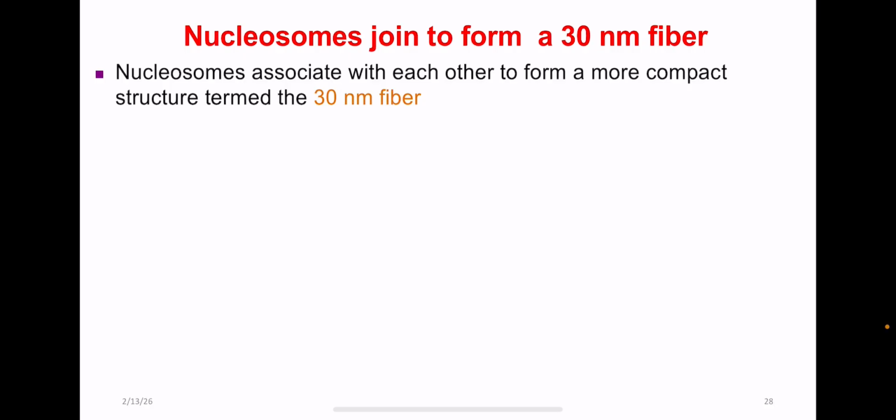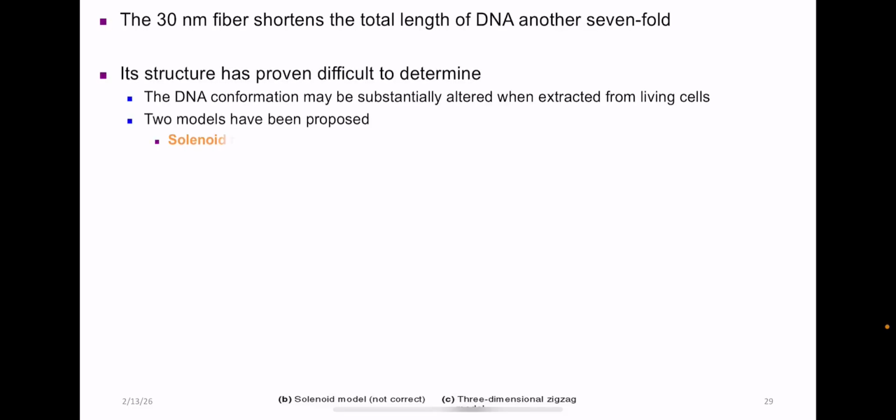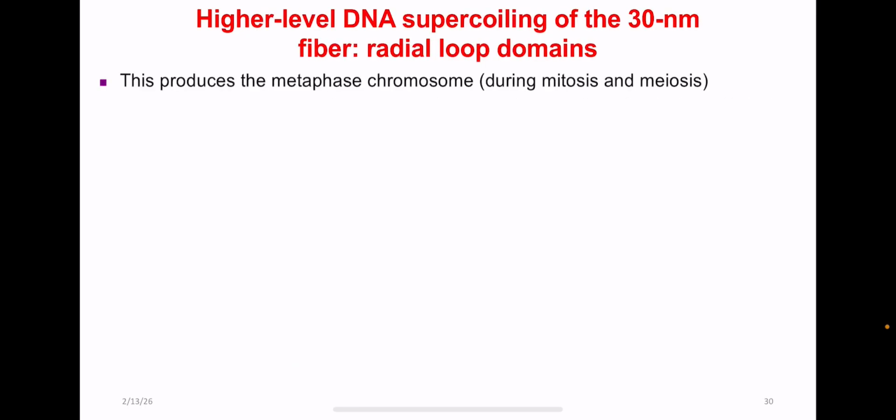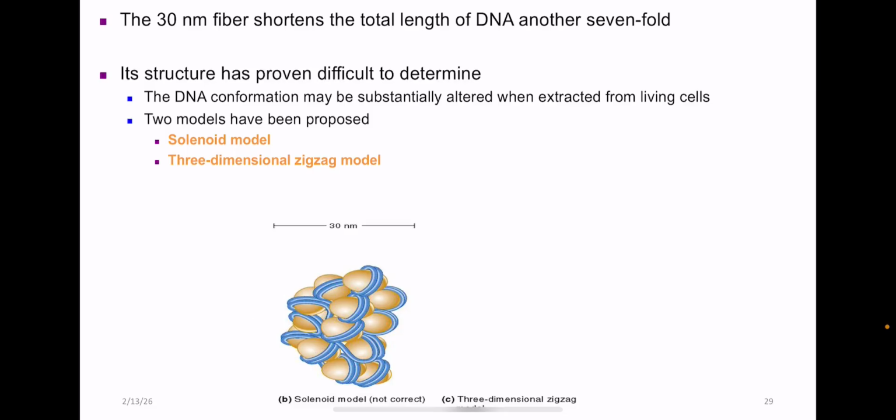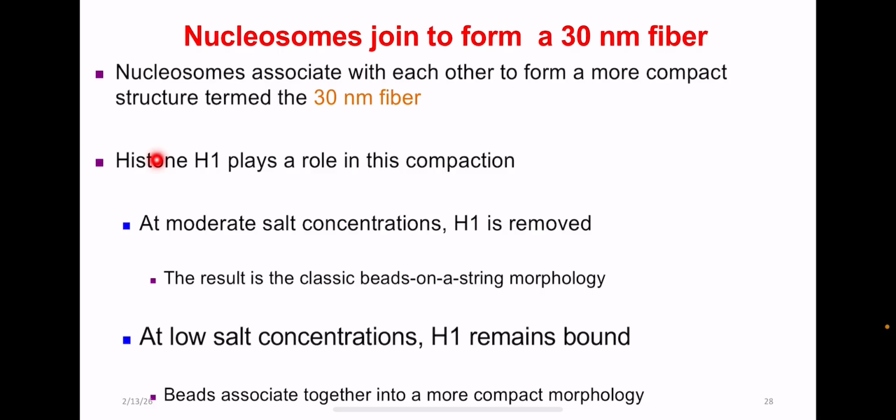So let's look at the second level of folding. By the end of the first level of folding, which is forming the 10 nanometer fiber, we would have folded the DNA by 7-fold, like 7 times its original size.